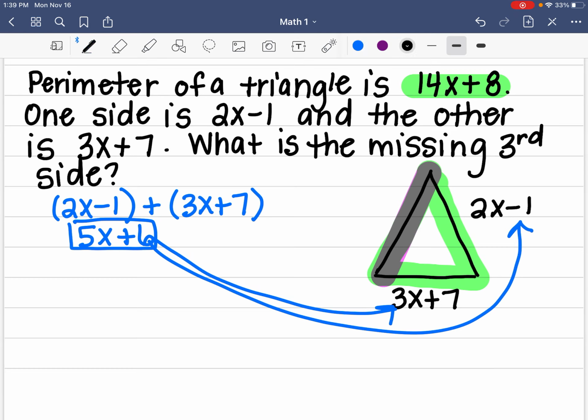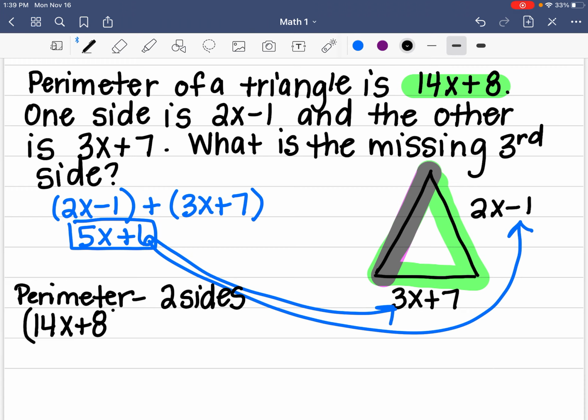Now I'm going to take those two sides that I found, and I'm going to subtract them from the perimeter because that's going to leave me left over the third side. All right, so we're going to say 14x plus 8, and we're going to subtract 5x plus 6.